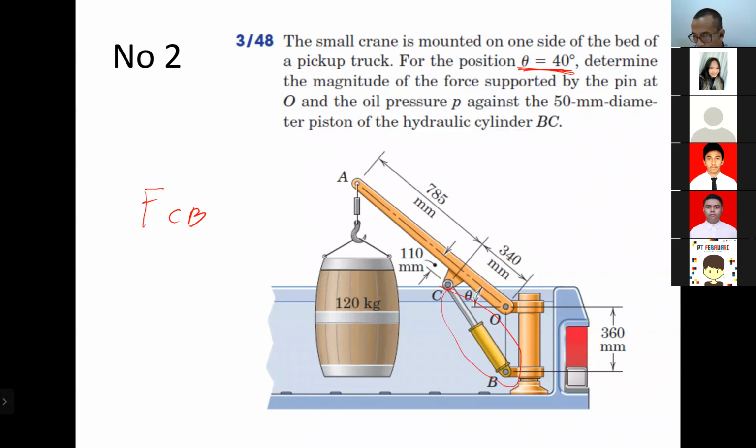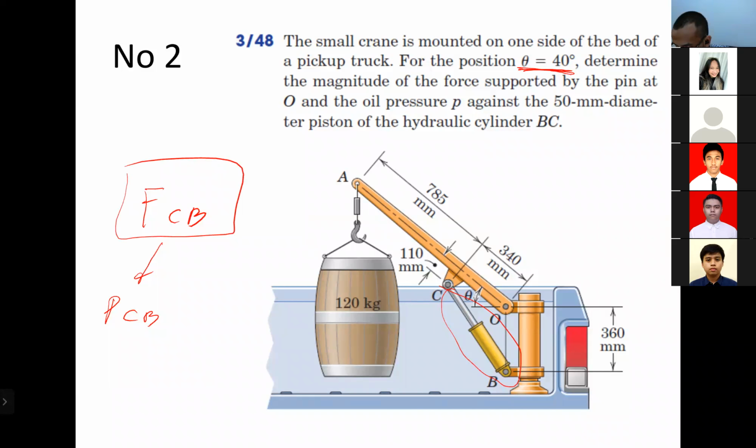After you find out the FCB, then you can convert it into pressure. Do you get it, Maria? Yes, sir. So basically, what I'm supposed to find is just the FCB, the force at the link CB, then convert it into pressure. How to convert force into pressure?